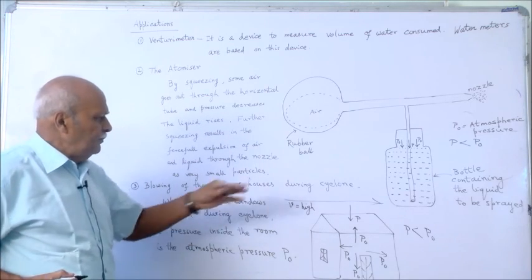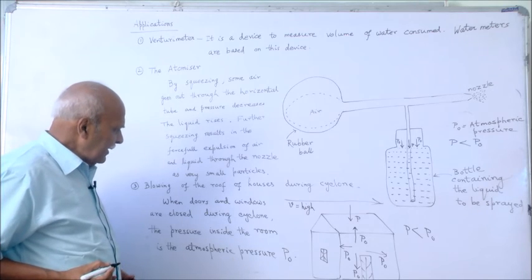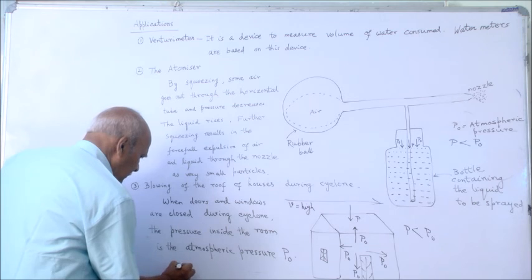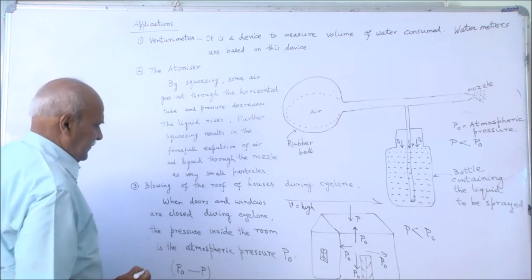So, when velocity becomes high, pressure decreases. So, P0 minus P, this is the pressure difference.